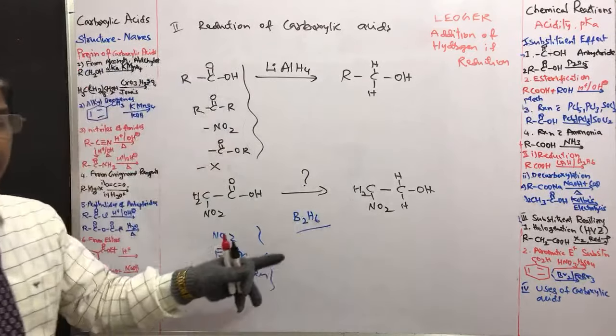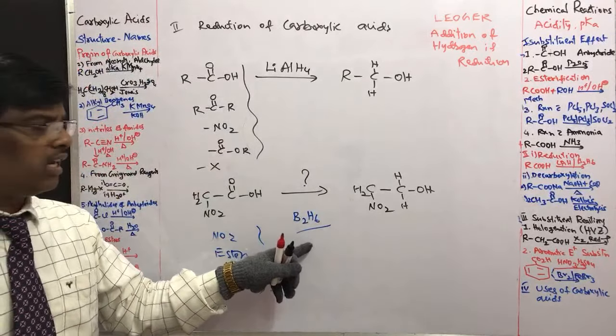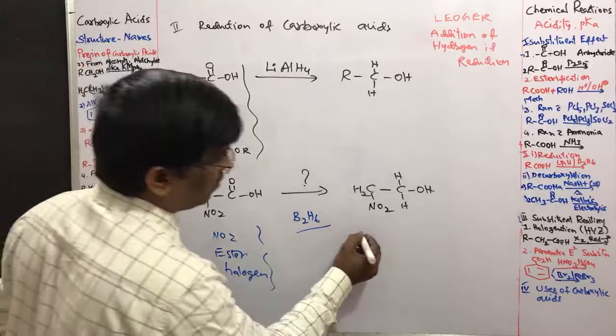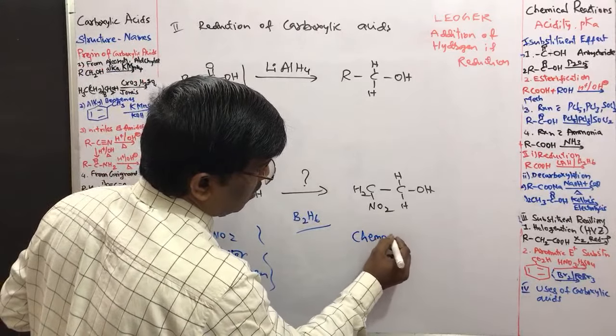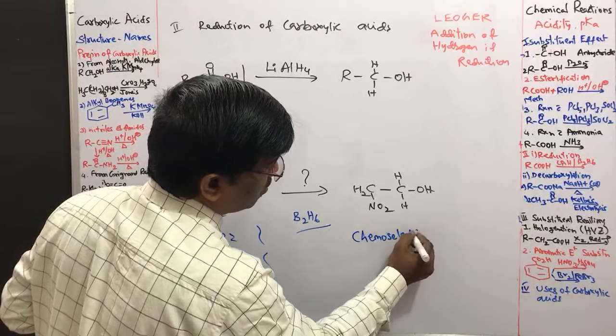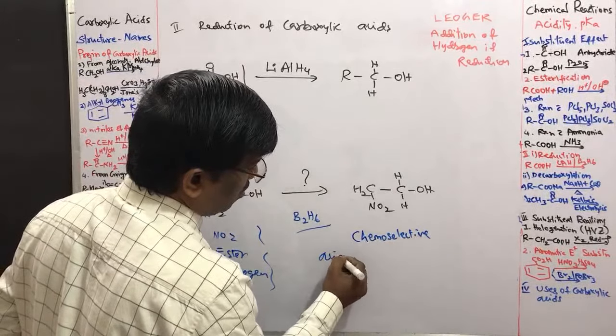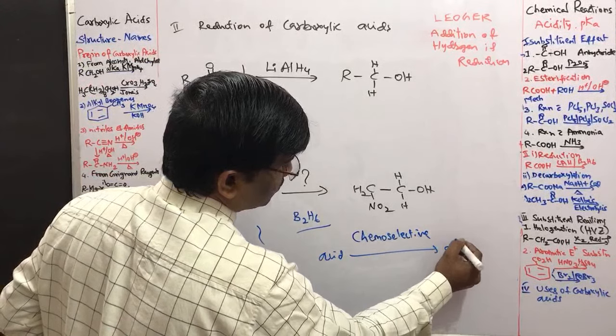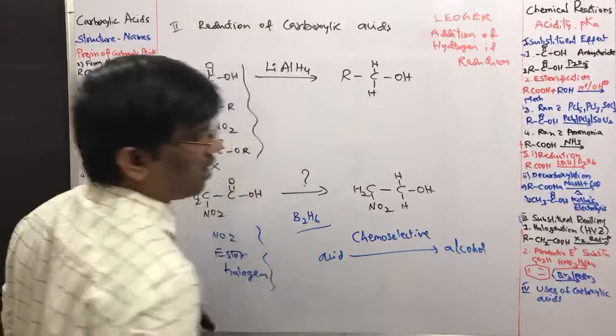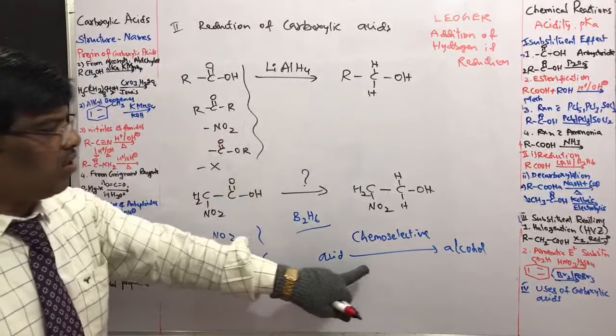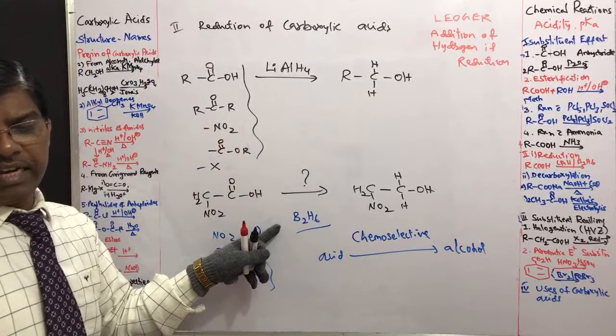Dear students, please remember diborane is a very important reagent which is chemoselective. It chemoselectively reduces only acid to alcohol. Acid to alcohol, it is asked in NEET, students.